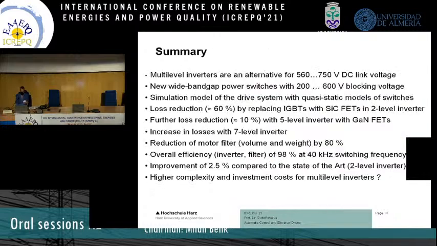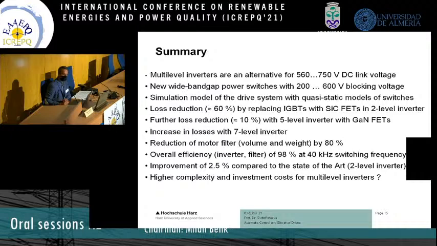With a summary, I want to finish my presentation. Multi-level inverters could be an alternative for industrial drives. I think the right time is now because new wide bandgap switches are available. The first step is the replacing of IGBTs with silicon carbide FETs in the 2-level inverter, and further loss reduction with a 5-level inverter can be achieved with GaN FETs.